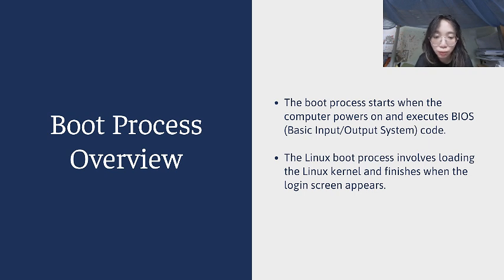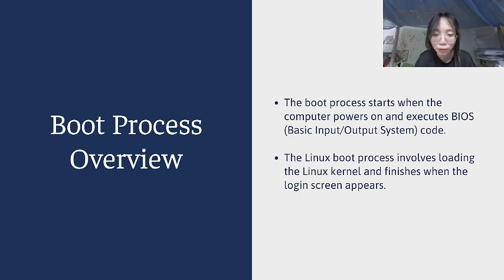So when we press the power button on our computer, the computer doesn't jump straight to the operating system. Instead of that, it first runs a piece of code stored in a chip called the BIOS, which stands for Basic Input Output System.